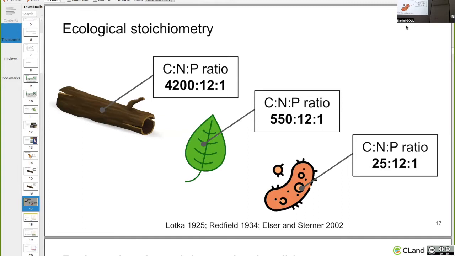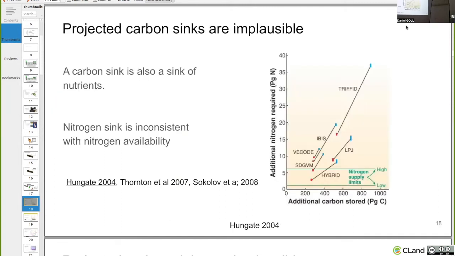And if you apply this concept of stoichiometric homeostasis and C:N:P ratios, you can derive from a carbon sink the amount of nitrogen or phosphorus needed to realize the carbon sink if it's in the form of organic material. And this is what Bruce Hungate did in 2004, where there was no coupled carbon nitrogen modeling.